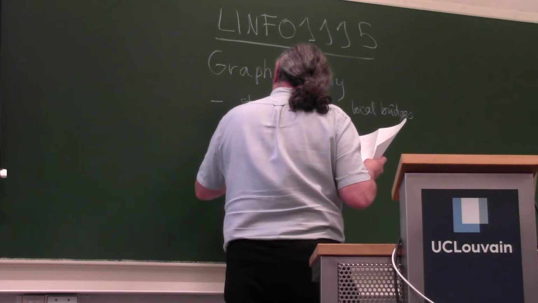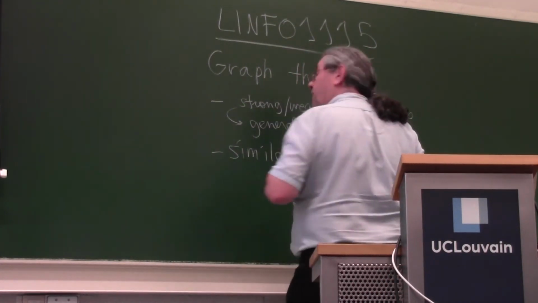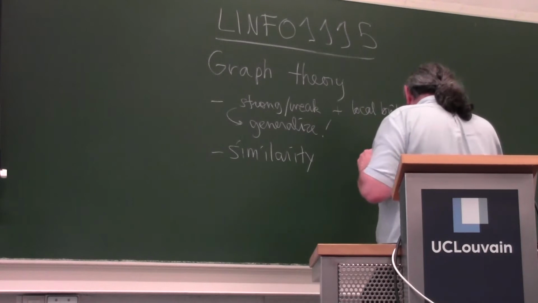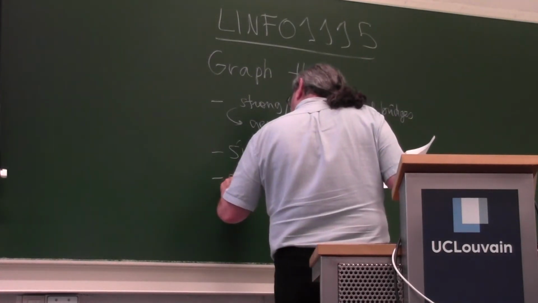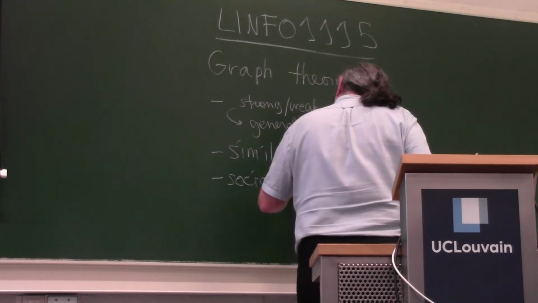And then we're going to talk about similarity. People on networks who are friends of each other usually have something in common. So that's what we will talk about: social affiliation networks.